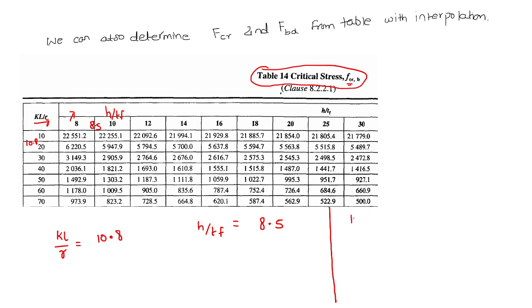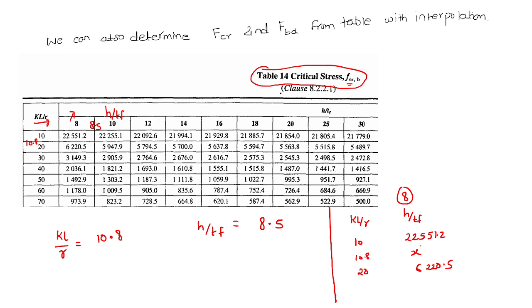We will take KL by R and here H by TF, and here will be 10, here 2255.1.2, then there will be 10.8 for which we have to calculate, and then there will be this 20 and the value will be 6220.5. So first of all this is corresponding to 8.